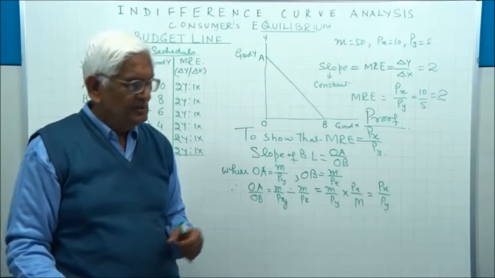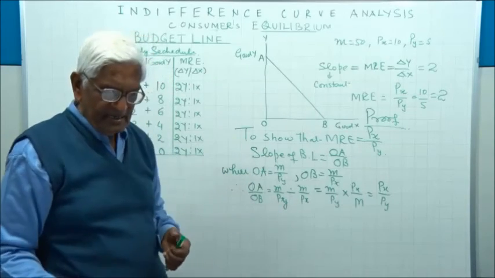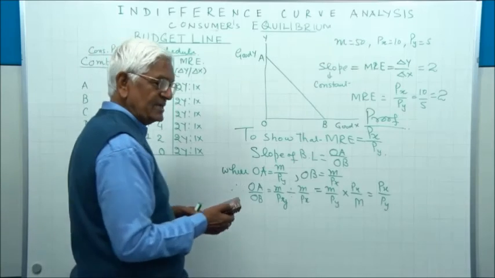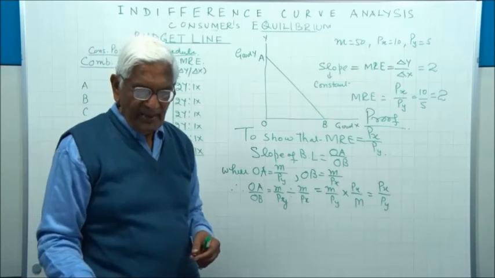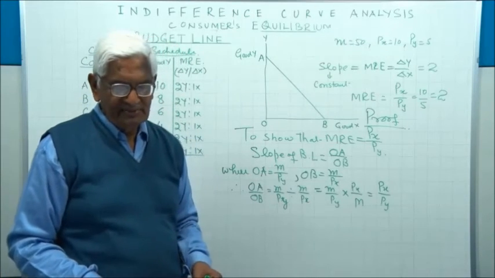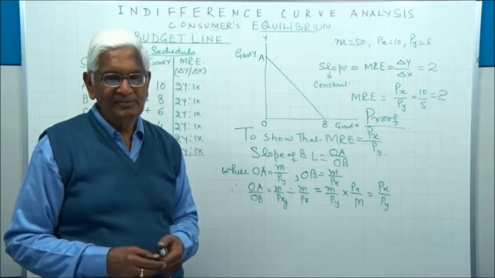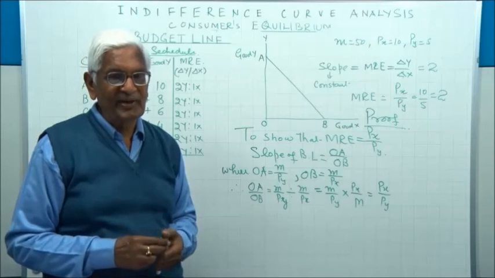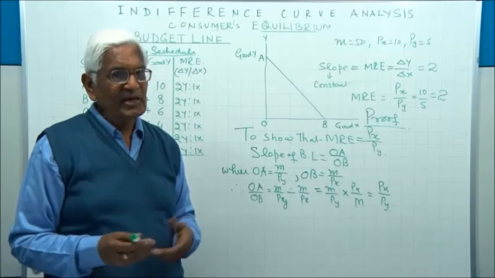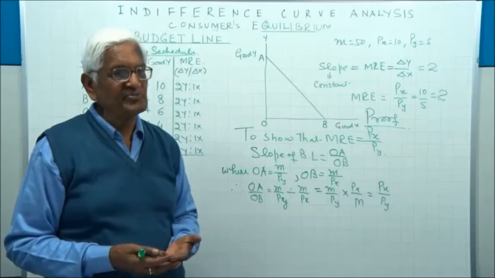Okay. So, this AB is our बजट लाइन. अब अगर मान लीजिए हम इसको डिफाइन करें तो कैसे डिफाइन करेंगे? जैसे हमने इंडिफरेंस कर्व को डिफाइन किया था. We can define budget line in the same way as we have defined.